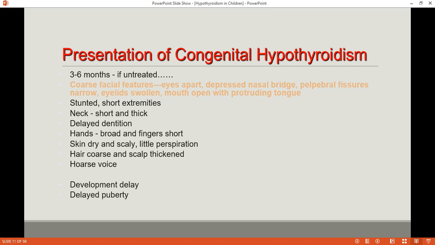In the next slide you will see the picture. Coarse features are the most important sign to recognize and detect congenital hypothyroidism.